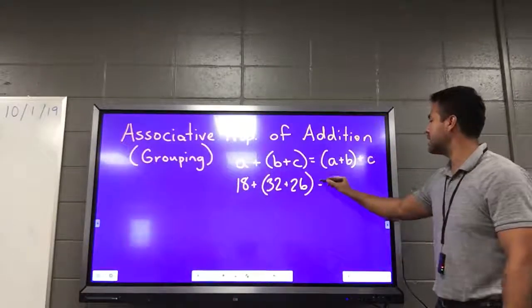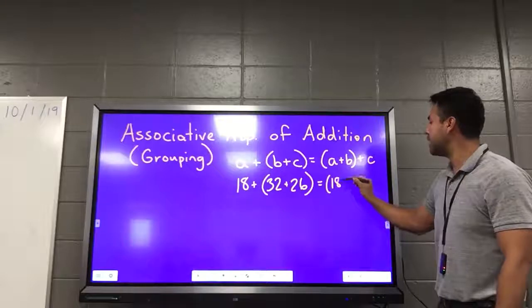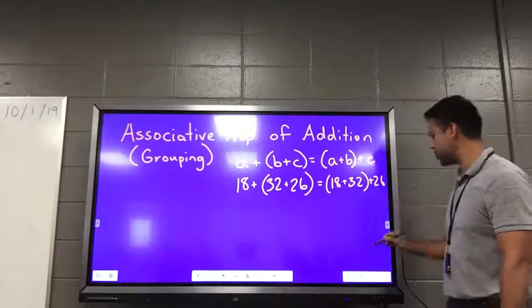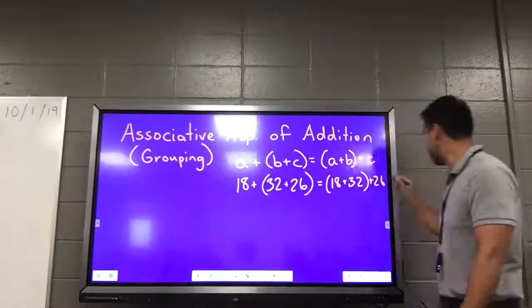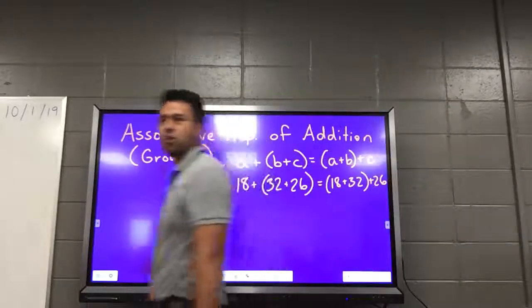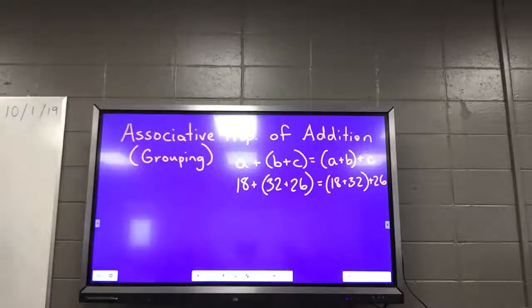But what if I did this? What if I grouped together 18 plus 32? Why is 18 plus 32 a little bit easier to group together? Anybody know? Raise your hand. I know 2 boys know. 1 girl, 2 girls, 3 boys. I'm going to do this math.